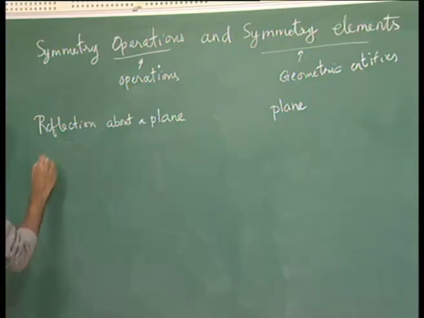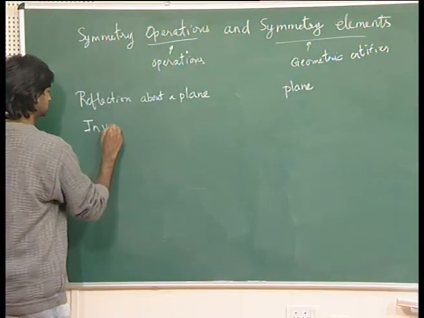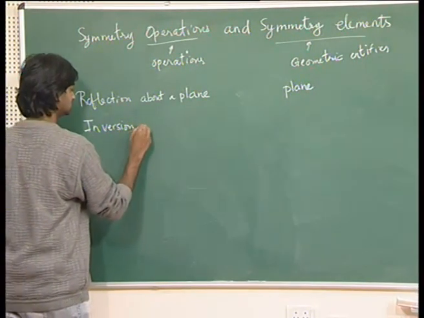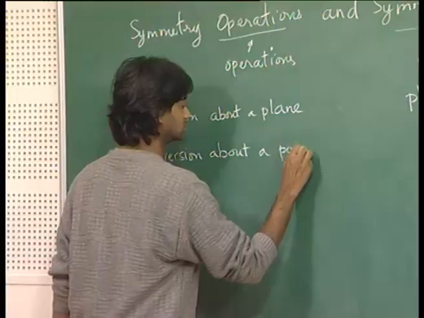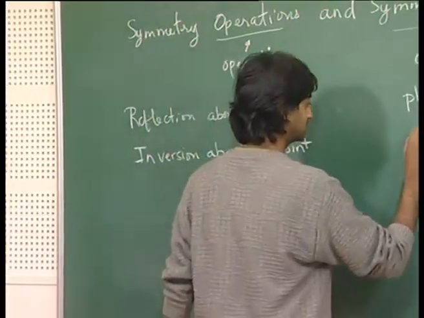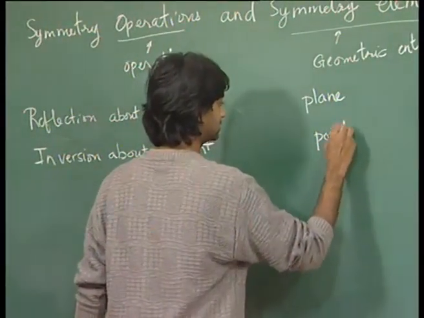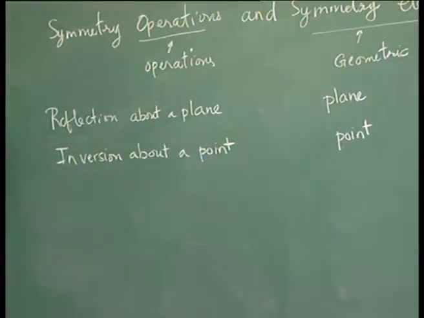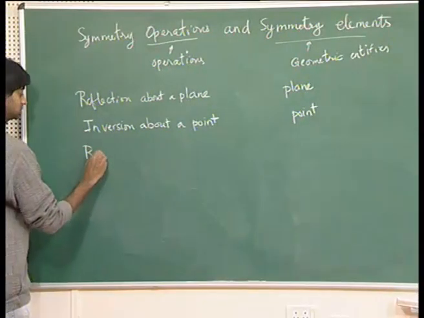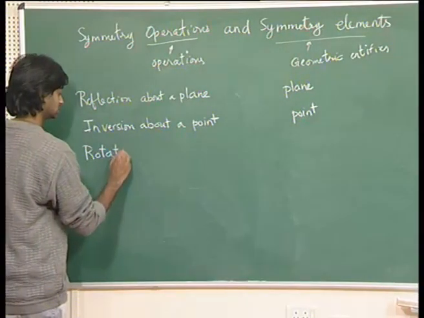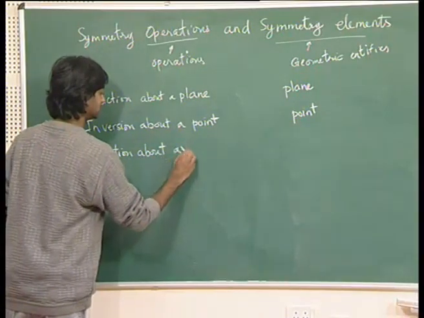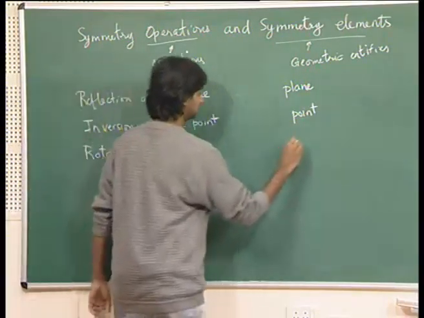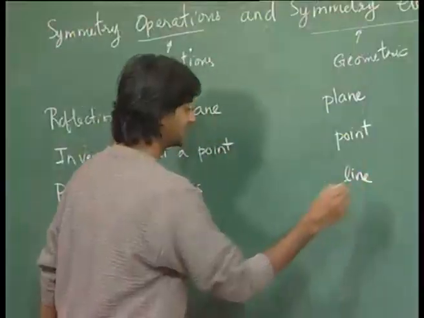Second is inversion about a point, and the symmetry element is a point. The third is rotation about an axis. Here you have a line or the axis.